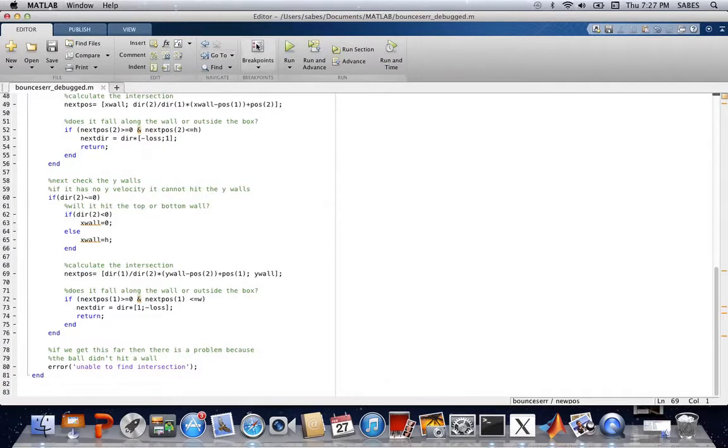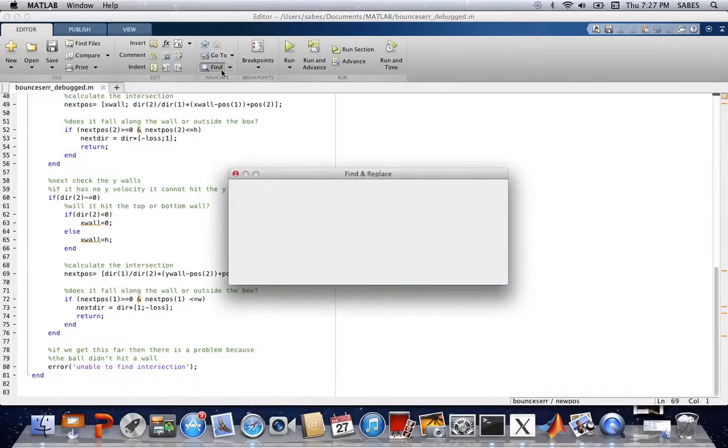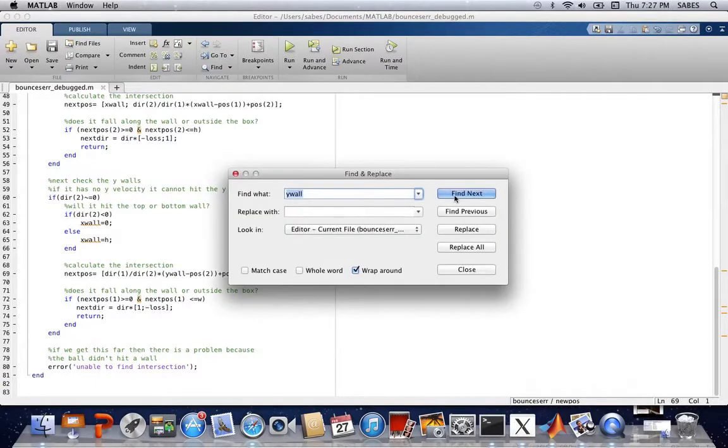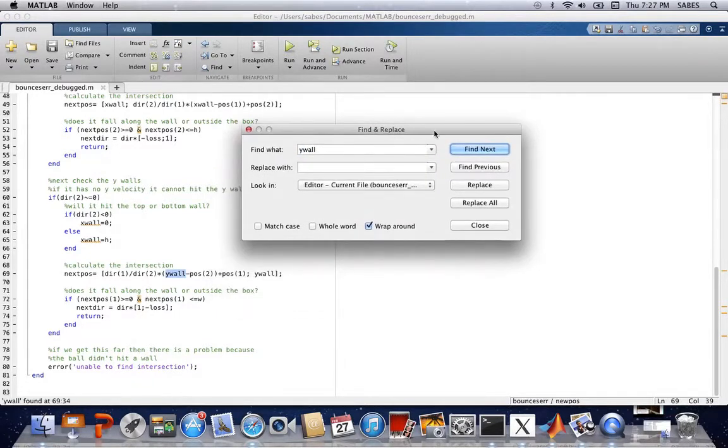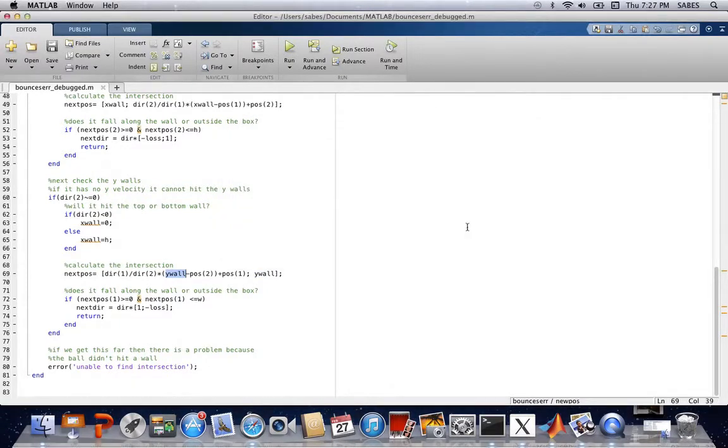And we can do it here, and let's say we search for y wall, and the only other instance we have is here. So that's probably a sign of trouble, because y wall should be defined somewhere else.